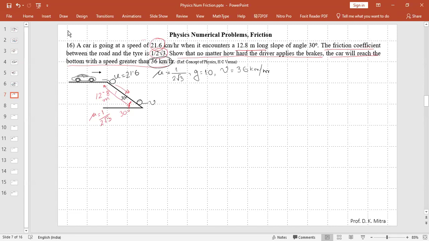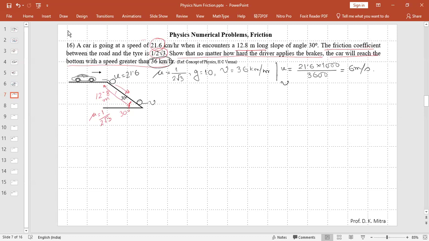First, we have to find out what is U. We find out U in terms of meter per second. It is 21.6 multiplied by 1000 divided by 3600 meter per second. This is equal to 6 meter per second.